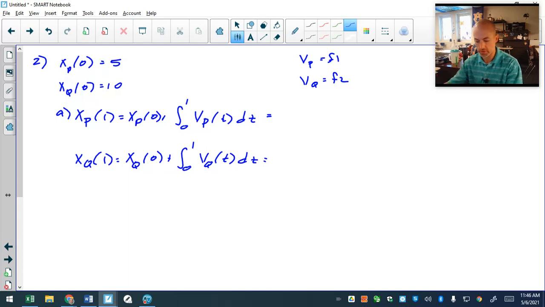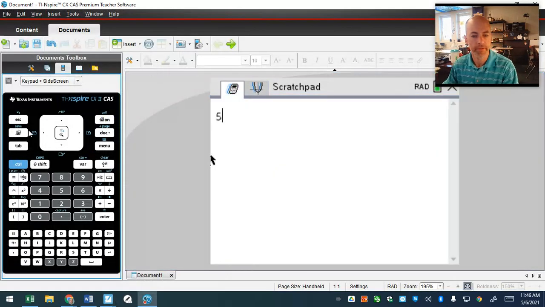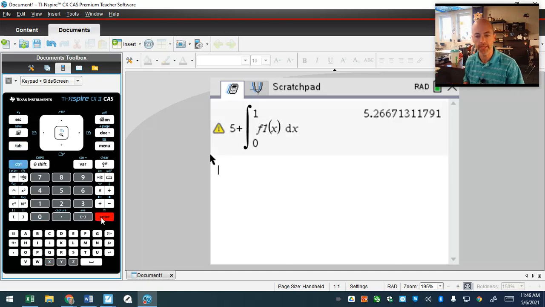We'll use the velocity of particle Q for this one, and we will slap both of these in the calculator and get an answer. So over here, 5 plus the integral 0 to 1 of f1 of x dx, and this will be my position of particle P, is 5.2667.